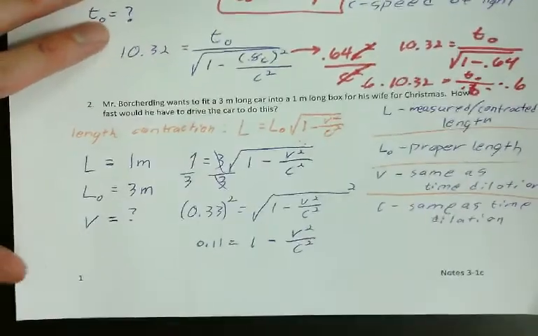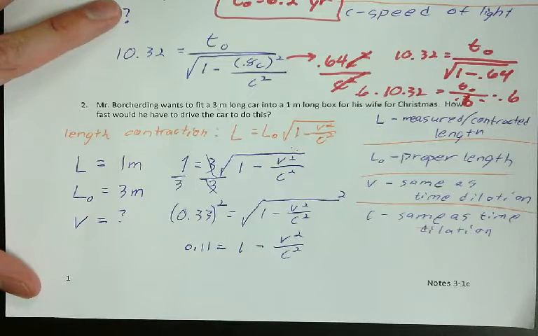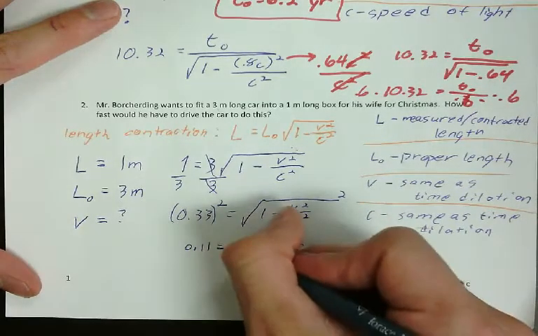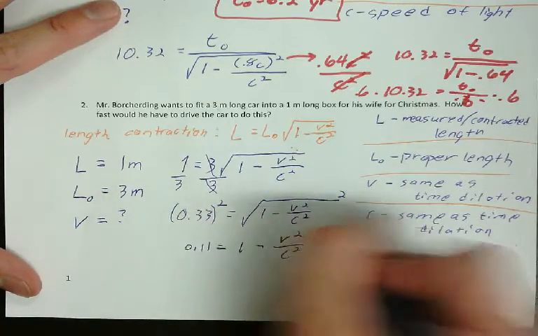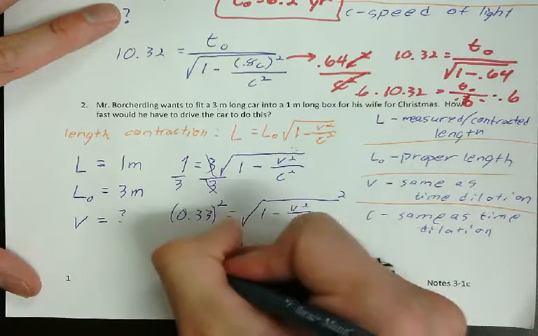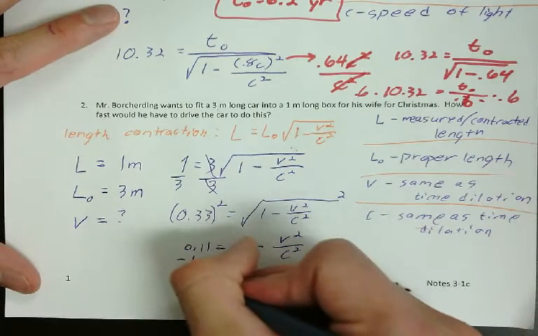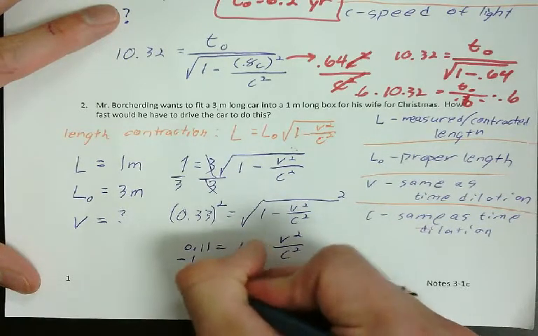We got to get V by itself, so I'm going to subtract 1 from both sides, because 1 is positive. That gives me negative 0.88 repeating.